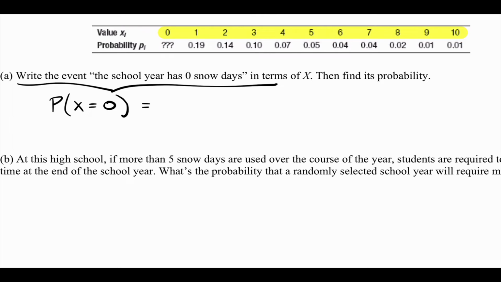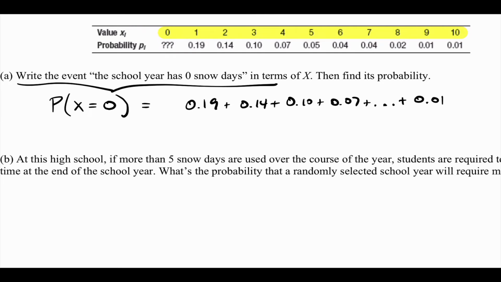Add up. Okay, so add them all up. I get 0.09 plus 0.14 plus 0.10, and I keep doing that until I get all the way to here. What do I get when I add them all up?